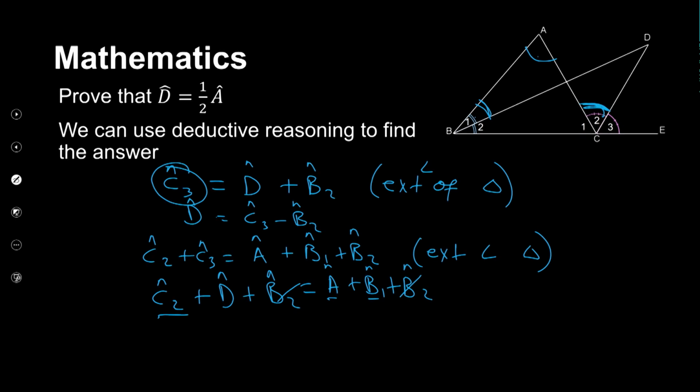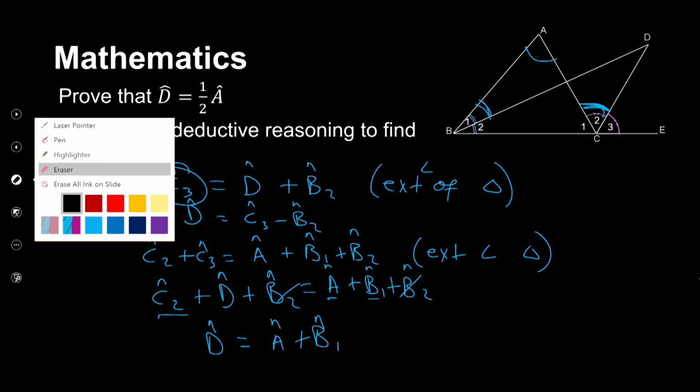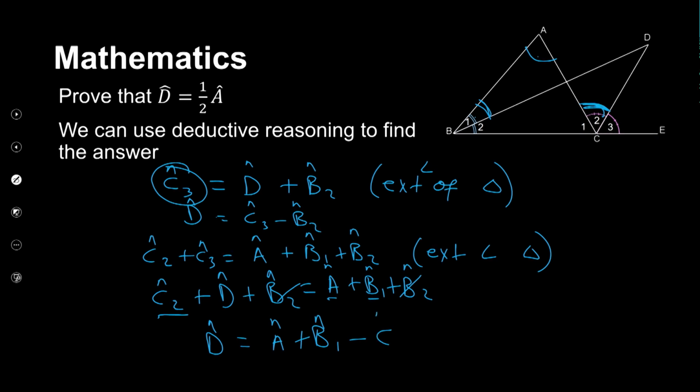And as a result, that will make me have D equal to A plus B1 minus C2, right? So if I subtract C2 from A and B1, that will only give me A alone, and half of it, by the way.